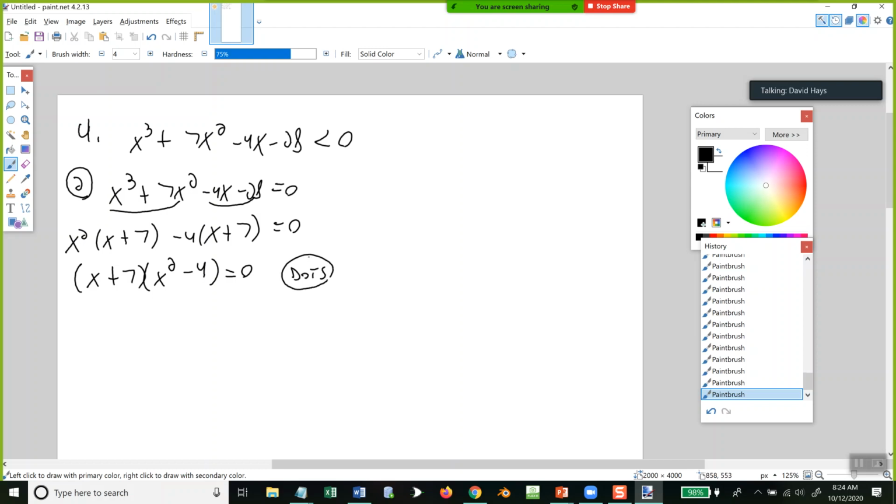The x squared minus 4 is the difference of two squares. So this factors as x plus 7 times x plus 2 times x minus 2.